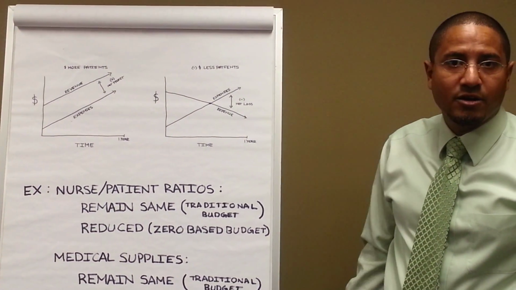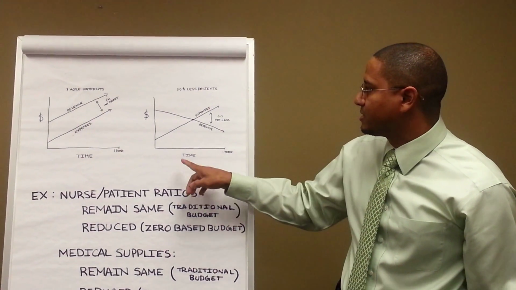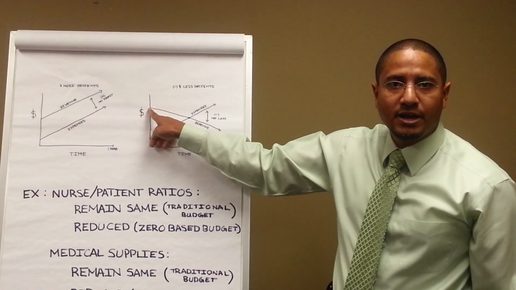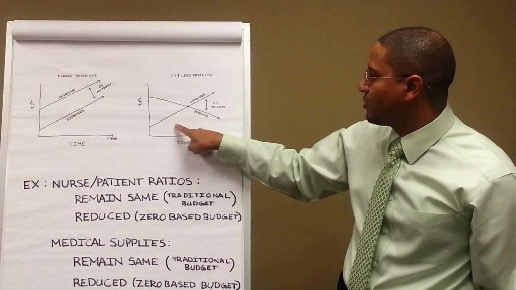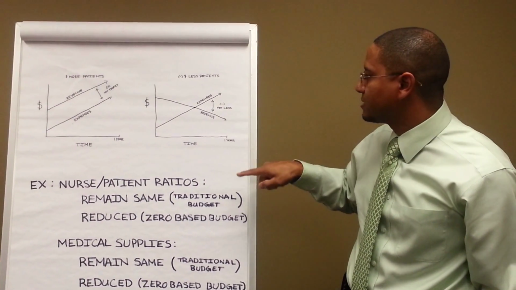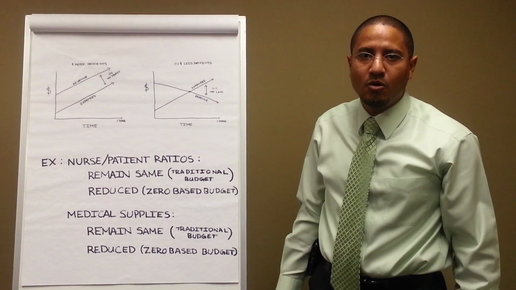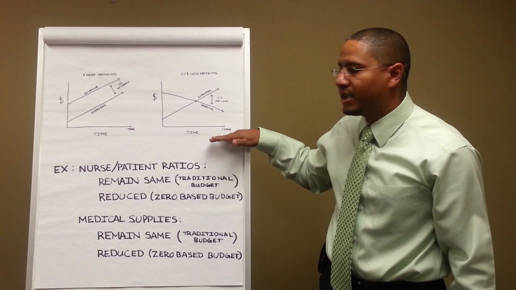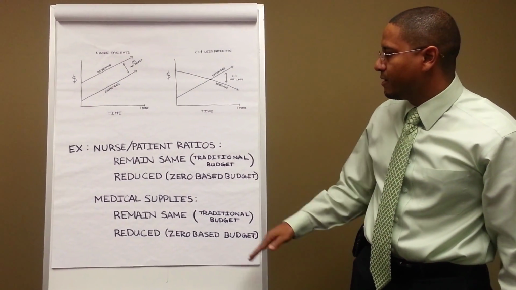Whereas in our current healthcare environment, we have less reimbursement and fewer patients. So as you can see, it's a different curve. You have revenues decreasing, whereas you have an increase in expenses. That difference results in a net loss, which ultimately will have a negative impact on the organization over time, and this is of course a one-year period.